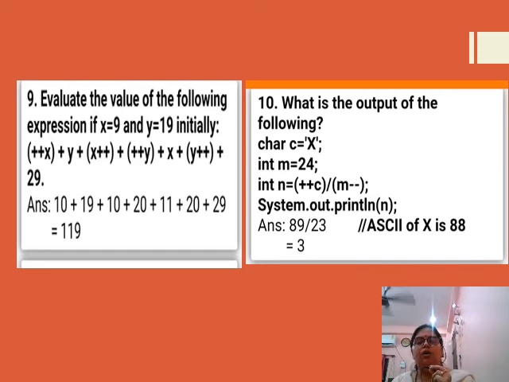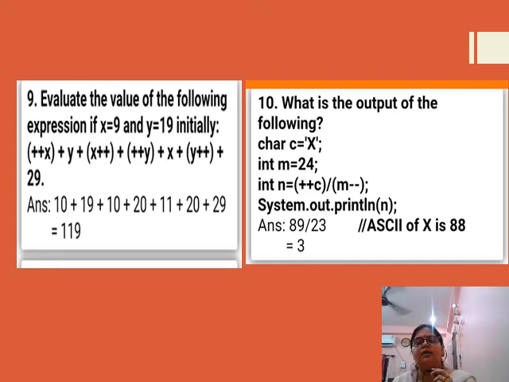Okay, now it will be 88, means here the ASCII value of 88 will become 89, divided by m minus minus, m will be 24 only. Okay, now here m has become 23. Now System.out.println, the answer will come.